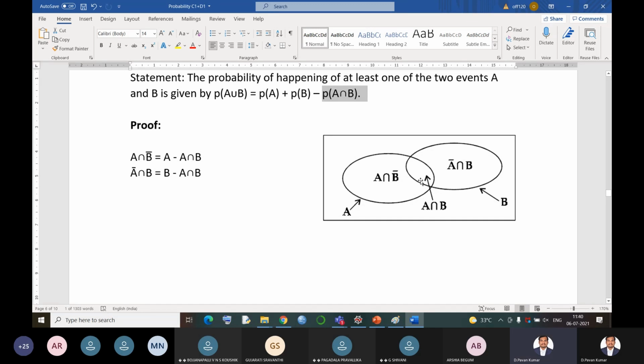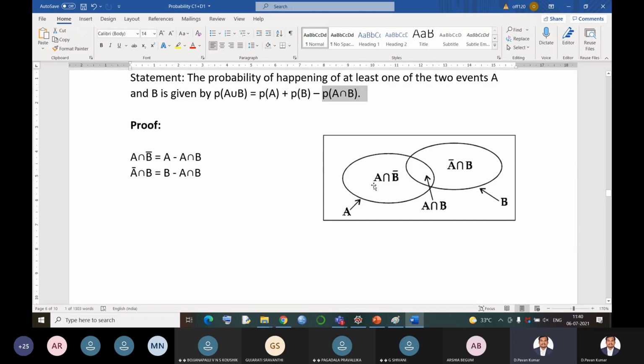Now, if I do not want to consider this intersection part, see my cursor, it's running from here and this part. That means you are avoiding the intersection part, and that part is called A intersection B bar.